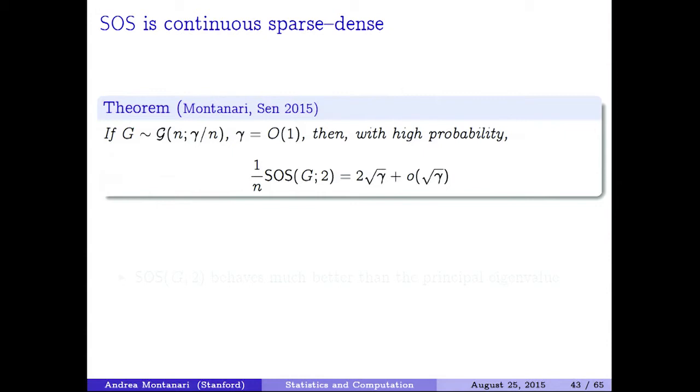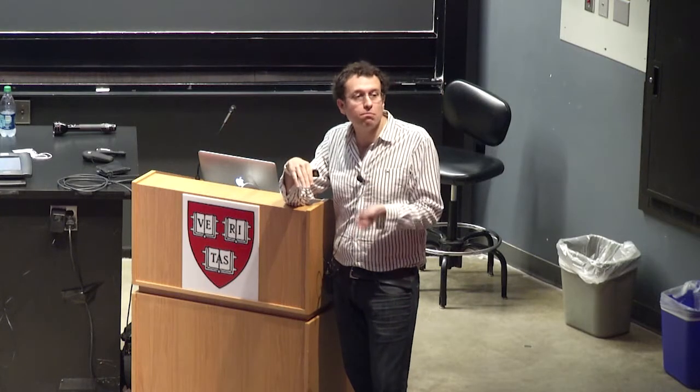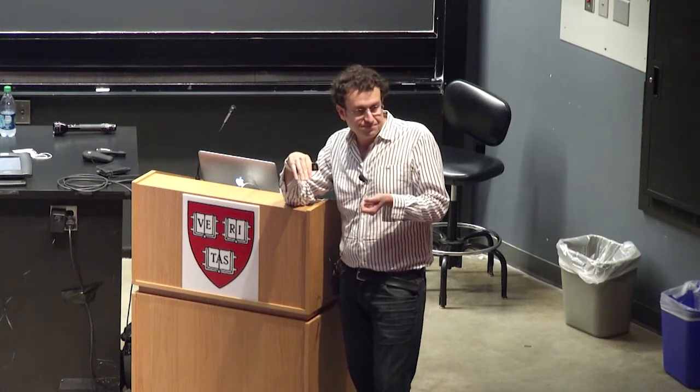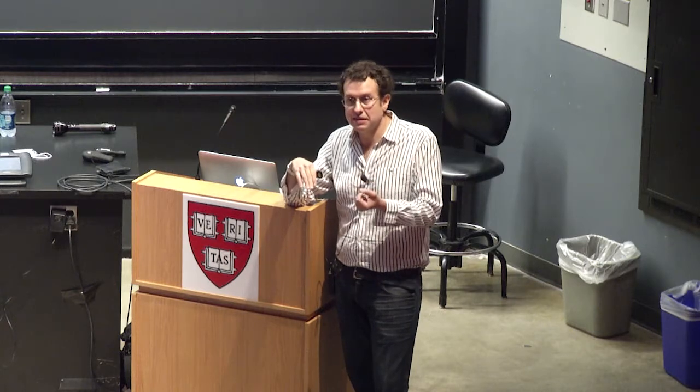So this is the theorem. If you take the same Erdős-Rényi random graph, and now you do the SOS instead of the spectral relaxation, you get a value that is 2 square root of gamma plus o of square root of gamma. In other words, the largest eigenvalue behaves badly because it gets an eigenvector that is completely localized, and completely localized eigenvectors are not nice.